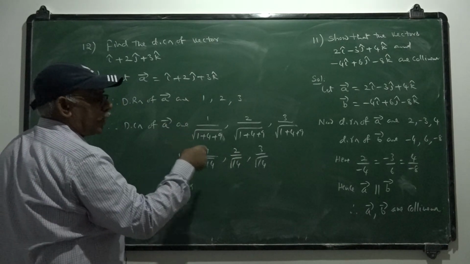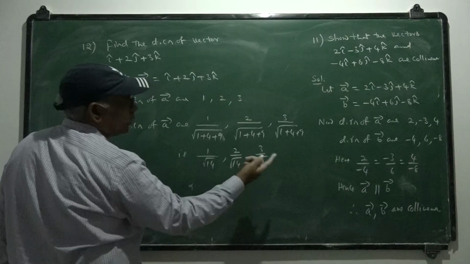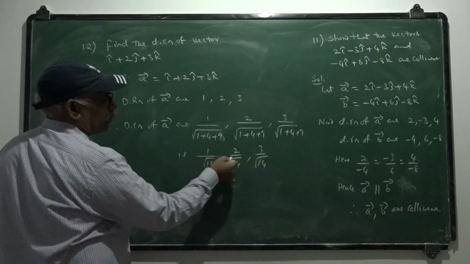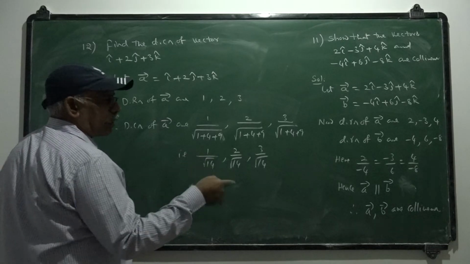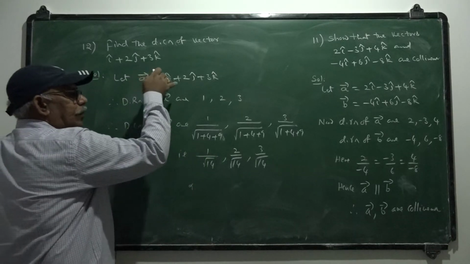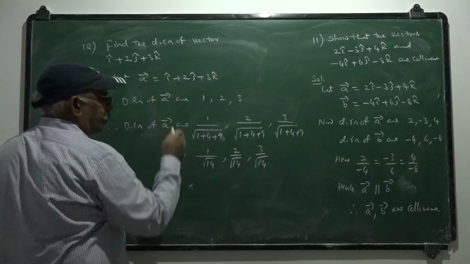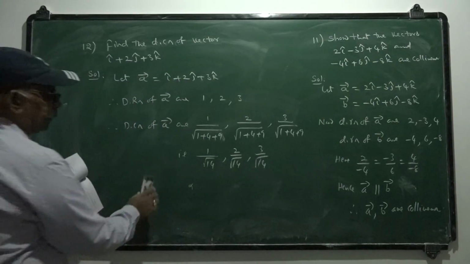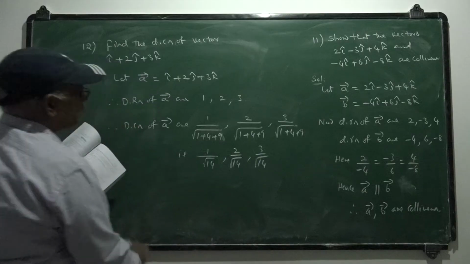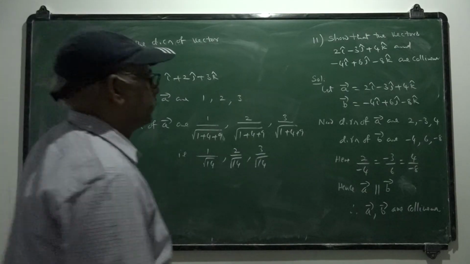Suppose this vector makes gamma angle with z-axis, this is cos gamma. This is cos alpha, cos beta, cos gamma, where alpha, beta, gamma are the angles made by the vector with coordinate axis in the positive direction. That gives us the DCs of the vector.